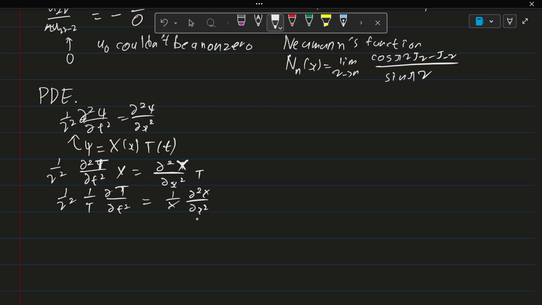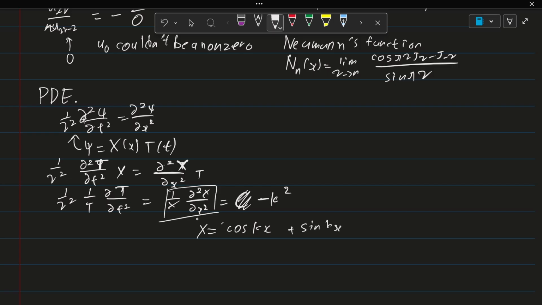If the left-hand side is a function of time and the right-hand side is a function of position, they have to be a constant. You could write this constant as anything, and here I will just write it as negative k². Let me tell you why. If you observe the second part here, and if you do negative k², the solution is very obvious: X equals A cosine kx plus B sine kx.